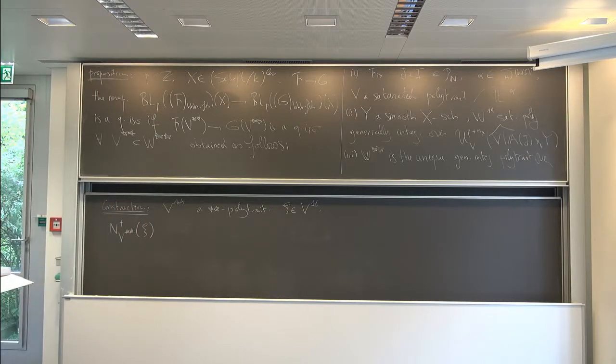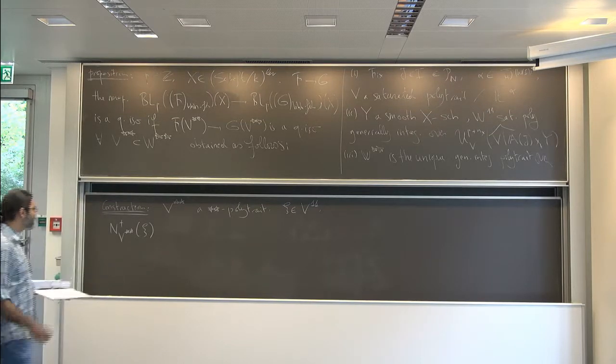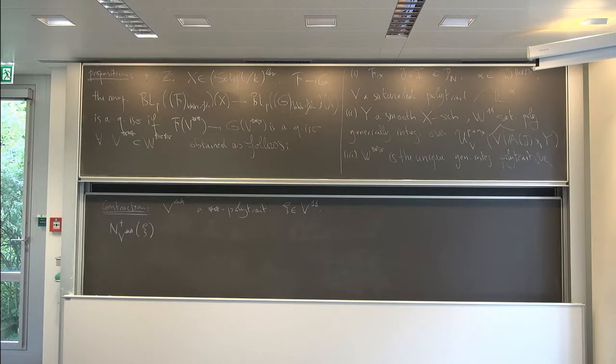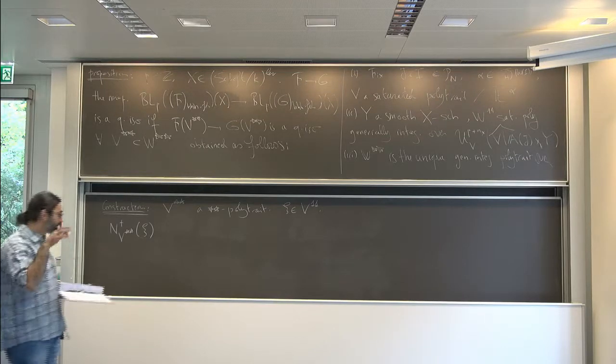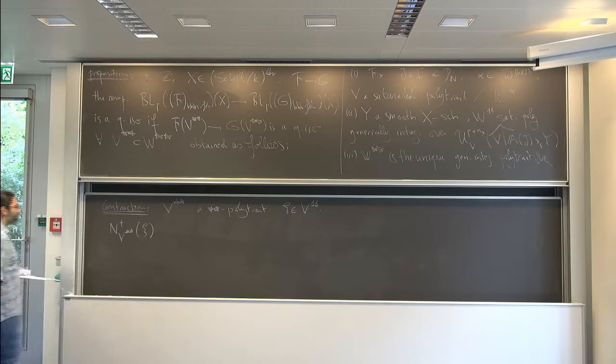You write your V star star as a limit of regularly stratified double star schemes, and the xi becomes a limit of strata, and then you take the limit of the n plus of a stratum that you have defined before.